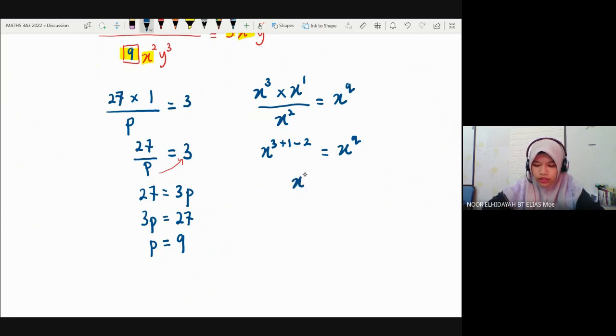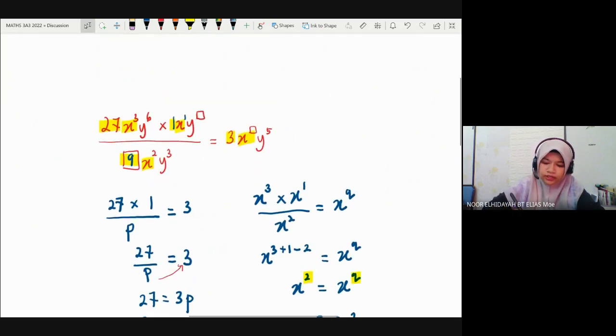Therefore, x power of 2 is equals to x power of q. Just compare the index because it has the same base, so q is equals to 2. So here the answer is 2.